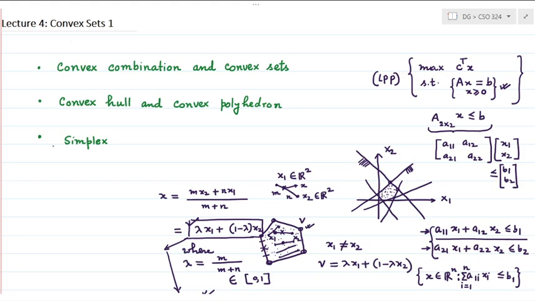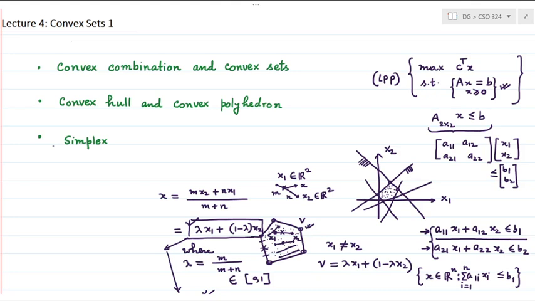But here obviously we are not getting into the topic of convex analysis or convex optimization. Rather, we notice that here a linear programming problem is a very special kind of convex optimization problem.